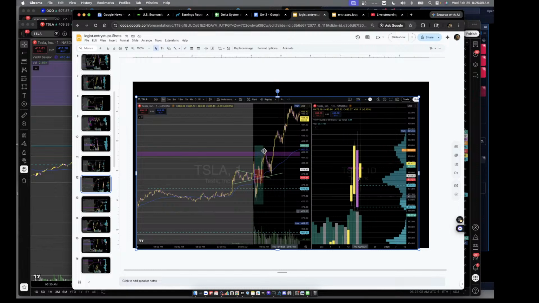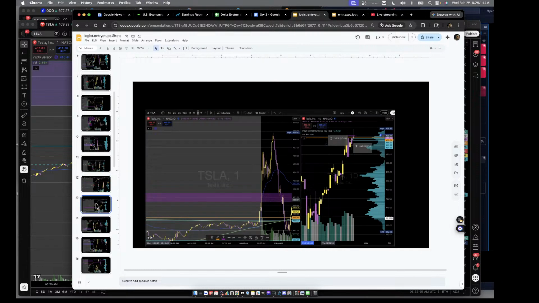So we might have to wait even today. I don't have to get in on the first. Waiting for confirmation is probably the best thing. I tend to jump on the first candle, which is unreliable, to be honest, choppy and stuff.